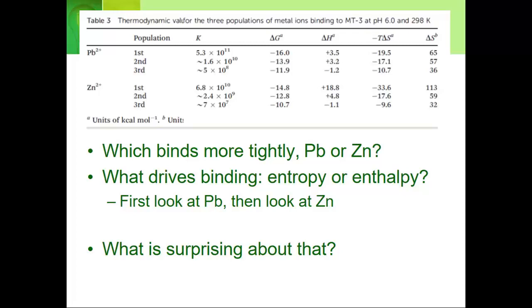It's K where the bigger it is, the tighter it binds. Yeah, it's a K of association where the product is, the product in this case is the bound. That's a really good question because it would be totally different if it was a dissociation K. This is a K of association. So the lead binds more tightly.